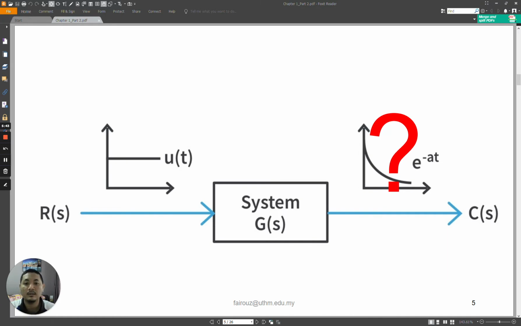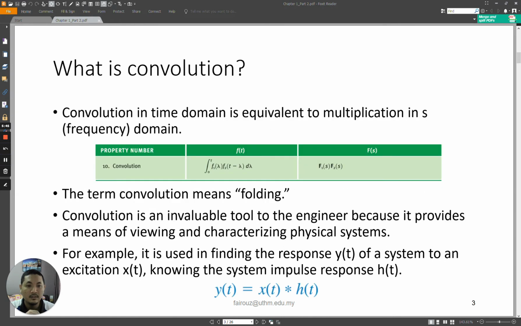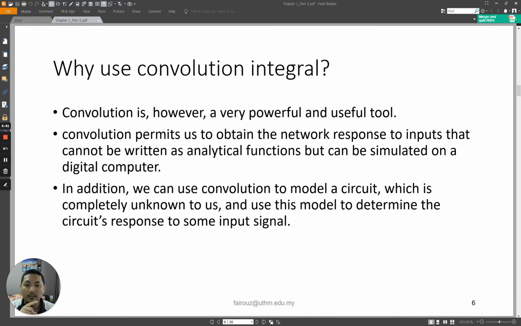But if we can change it into this S domain, it becomes simple multiplication, therefore we can just use a computer to analyze everything, because it is now just a multiplication. That's what it means, right?